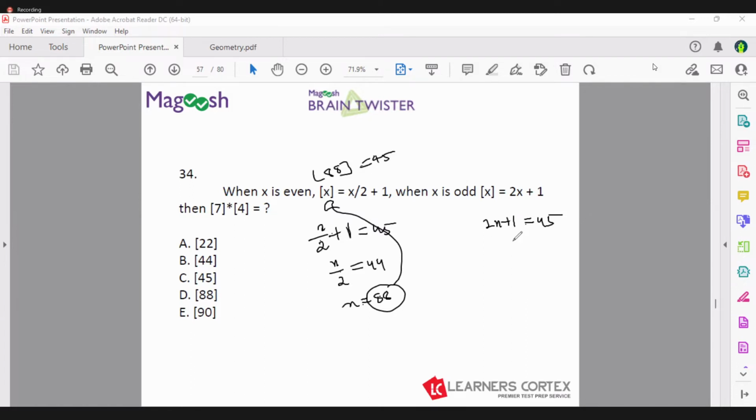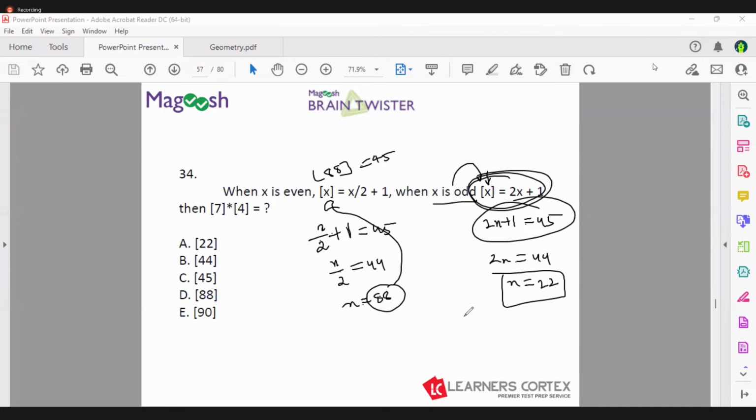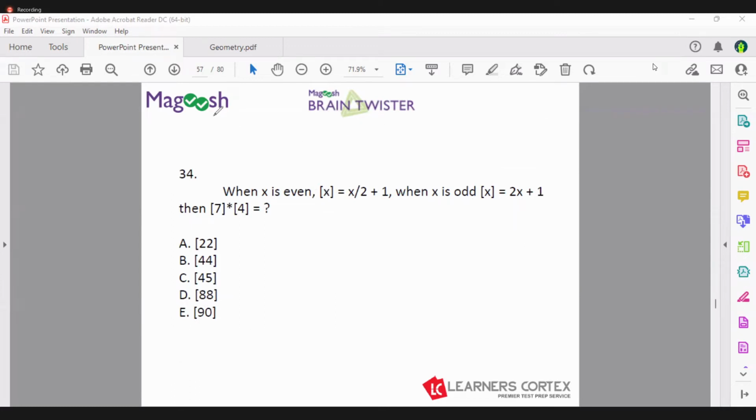Okay, let's check here. So it is 2x plus 1 equals 45, so 2x equals 44 and x equals 22. Now, if we put 22 here, it wouldn't necessarily follow. Why? Because then the value of x has to be odd, and here it is giving us even. So this cannot be the answer. So the answer would be D, 88. Anyone who has not understood this question?